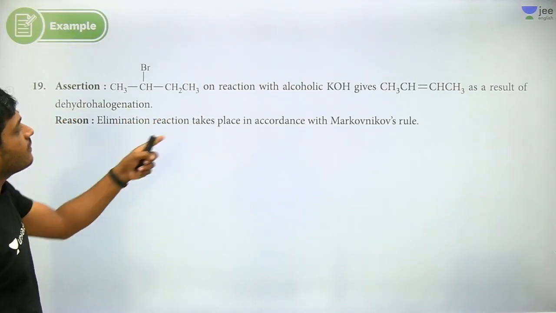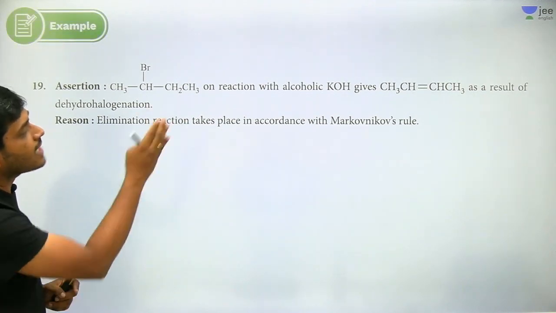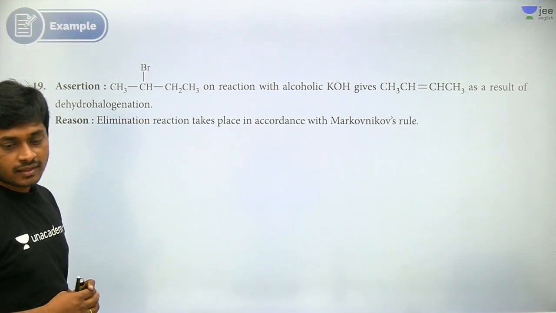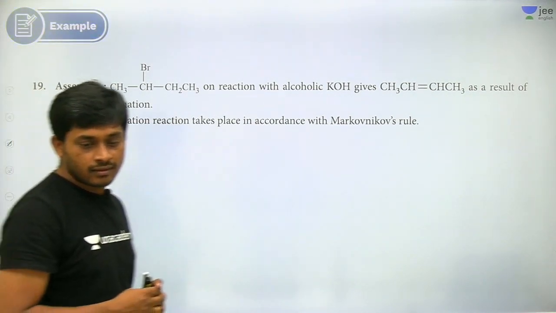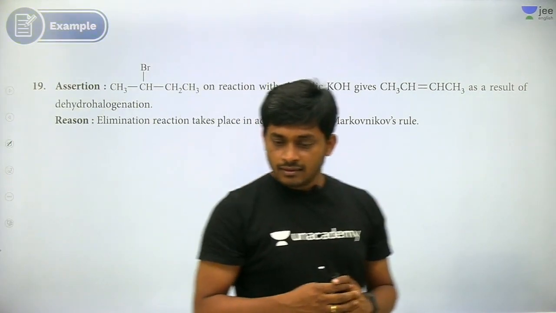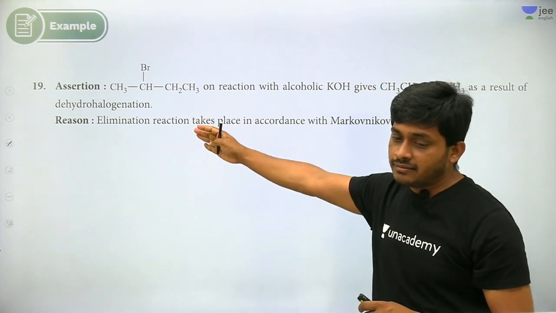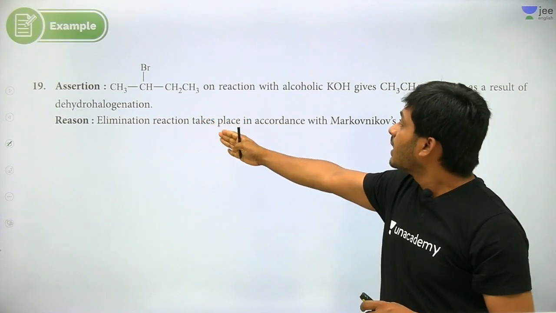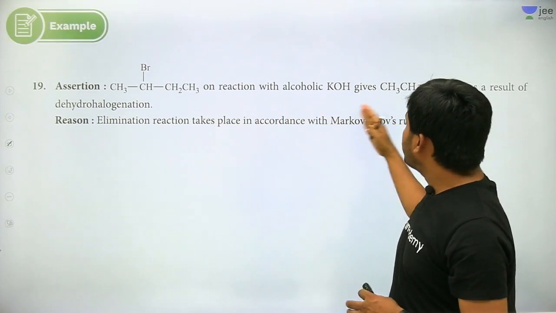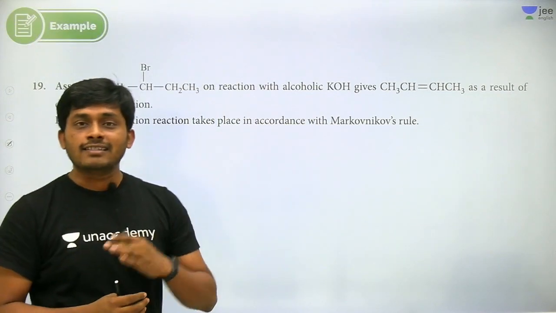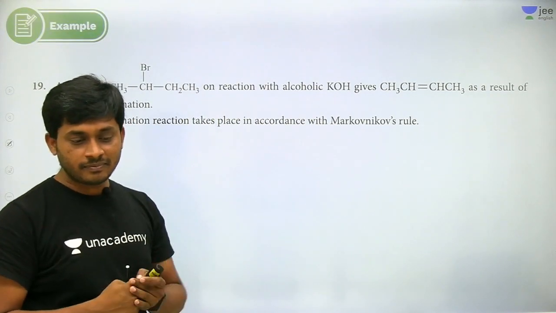On reaction with alcoholic KOH, it gives alkene as a result of dehydrohalogenation. Okay. Right here, elimination reaction takes place in accordance with Markovnikov rule. Elimination and Markovnikov, is there any relation here?